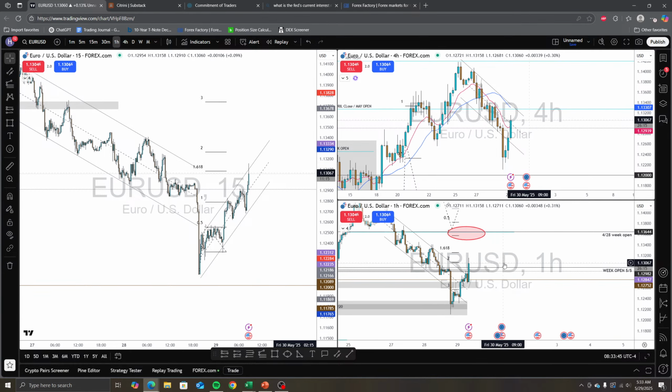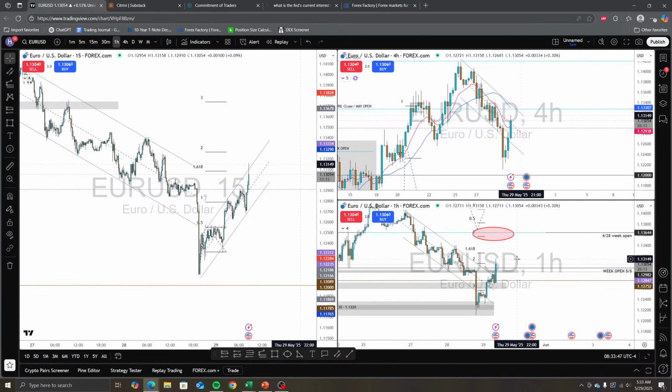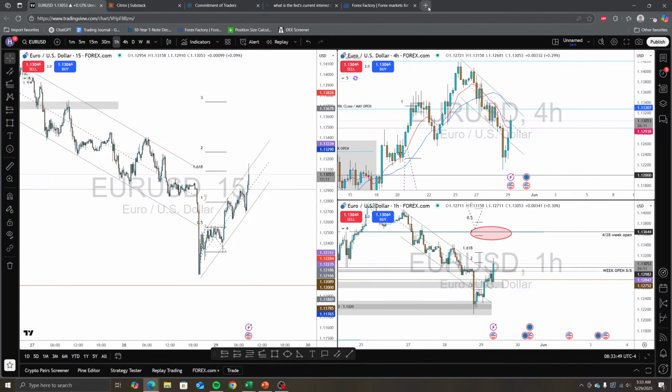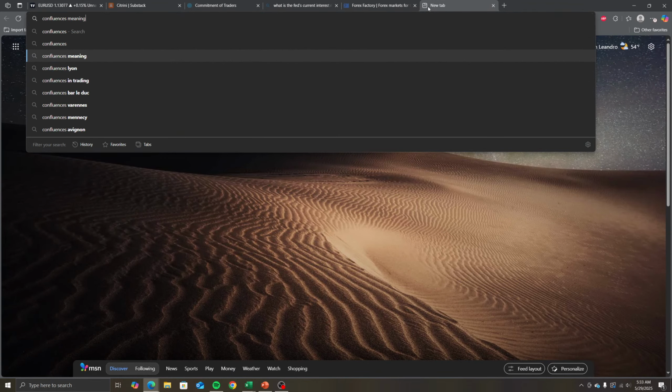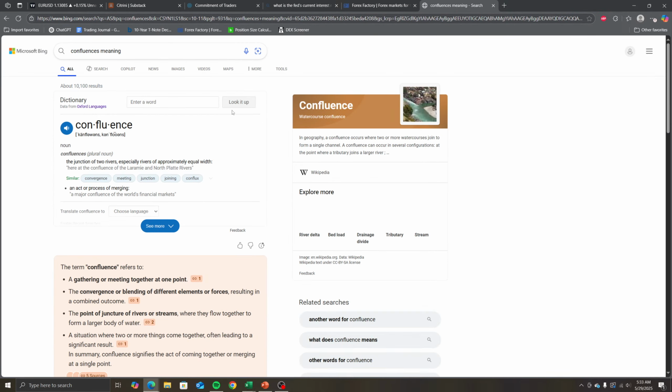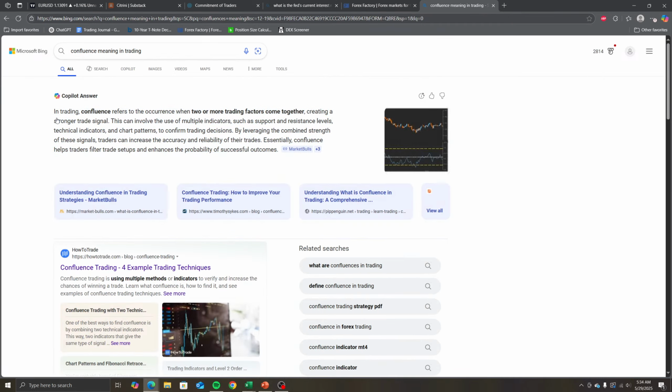So usually when we have a lot of confluences, is that a word? What does that mean? Confluence: the junction of 2 rivers, especially rivers of approximately equal width. Alright, let's see what this means in trading. Confluence refers to the occurrence when 2 or more trading factors come together, creating a stronger trade signal.